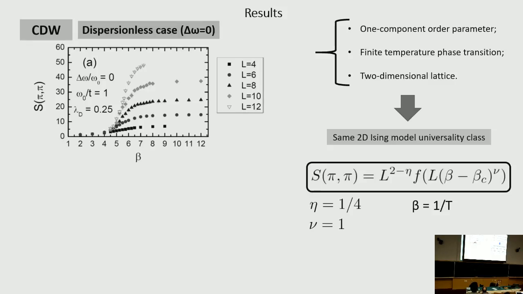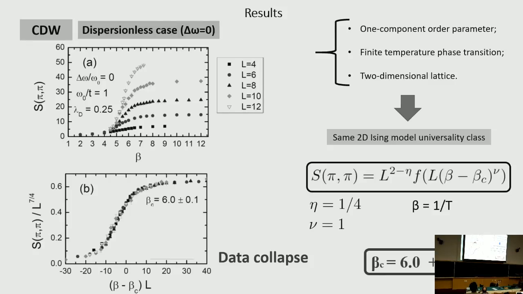The critical exponents are the same as the 2D Ising model. When I take these results and perform a scaling analysis using the 2D Ising exponents, I can do a data collapse of these results and get the critical temperature.